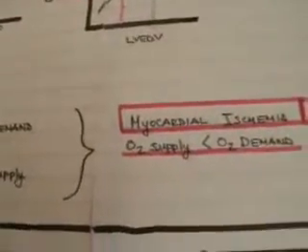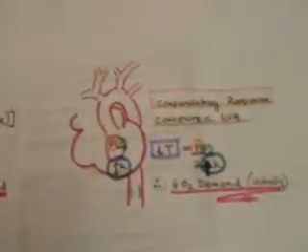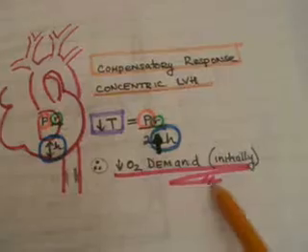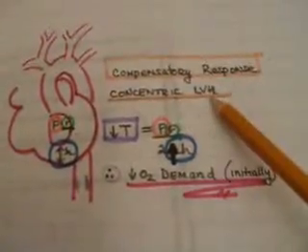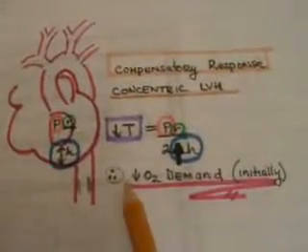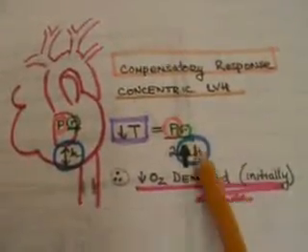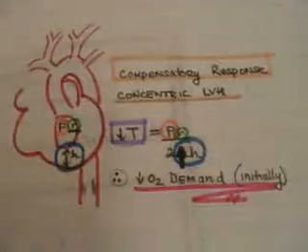So we talked about earlier, when there was an imbalance between the O2 supply and O2 demand, the heart was able to compensate initially through a process of concentric left ventricular hypertrophy, and ultimately that was able to decrease your O2 demand using Laplace's law.